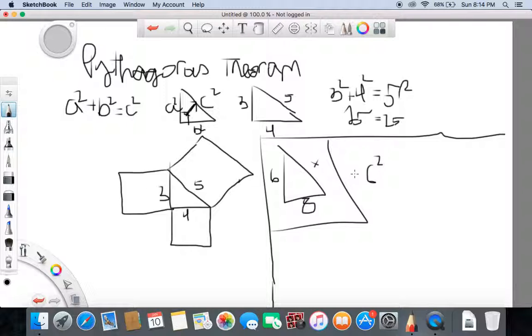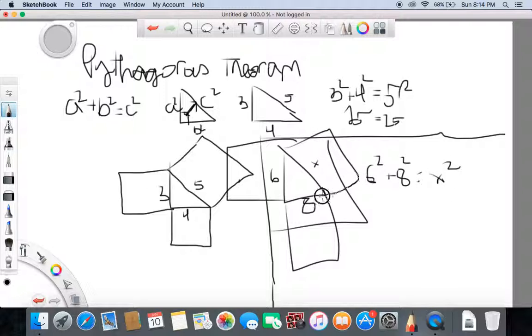6 squared, the area of the square, if I drew a square over here, plus the area of this square, so 6 squared plus 8 squared equals x squared. I don't know what the x is yet. So you have 36 plus 64 equals x squared.